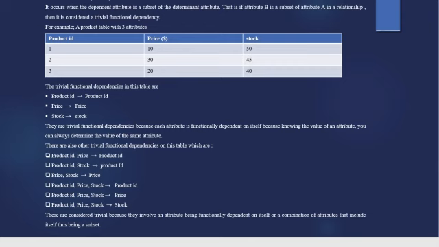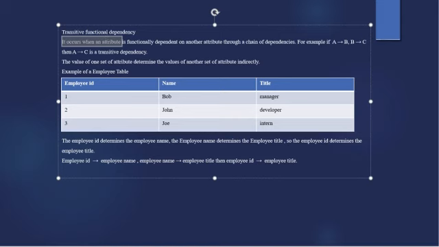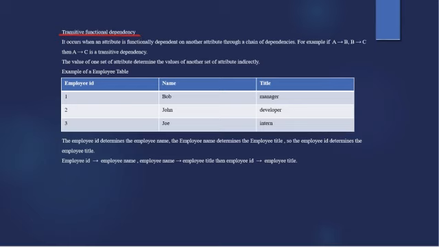Now moving on to another type of functional dependence, which is transitive functional dependence. A transitive functional dependence refers to a functional dependence that occurs when an attribute is functionally dependent on another attribute through a chain of dependencies.